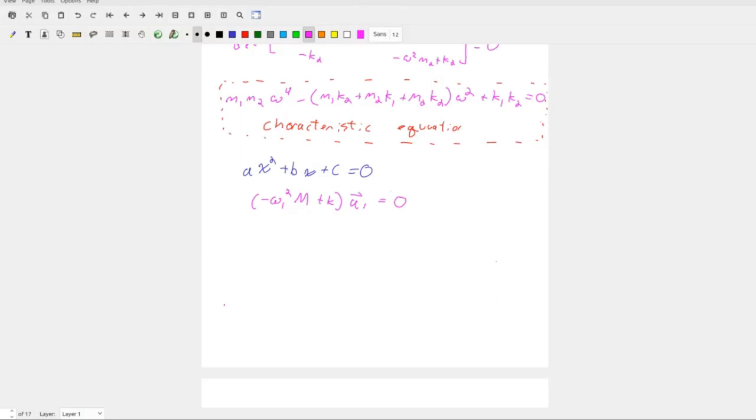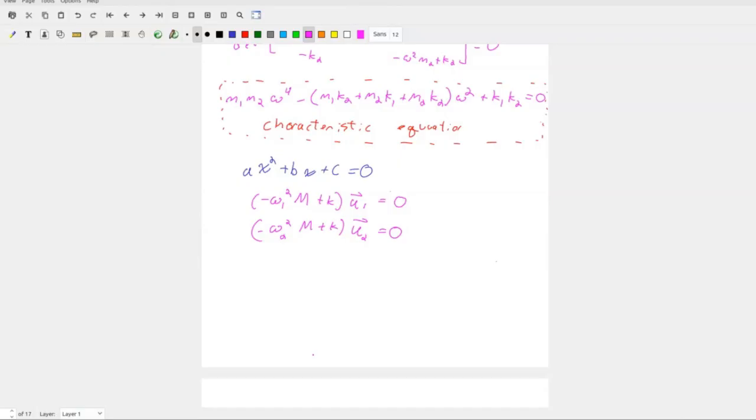Quadratics give us two expressions, right? So the other one is going to be negative omega 2 squared m plus k, u2 vector is equal to 0.